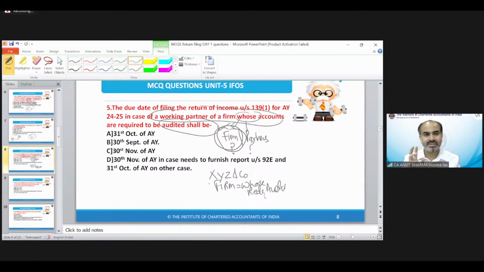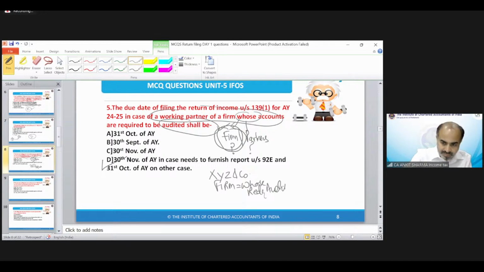Arin, your answer is wrong. Komalpreet is saying D. Suppose that partnership firm falls under the transfer pricing provision. Transfer pricing is not only for companies. Transfer pricing is applicable for all persons if they satisfy certain conditions of arm's length price, international transaction, domestic transaction, etc. That would be dealt with in your final level. So the correct answer would be D.